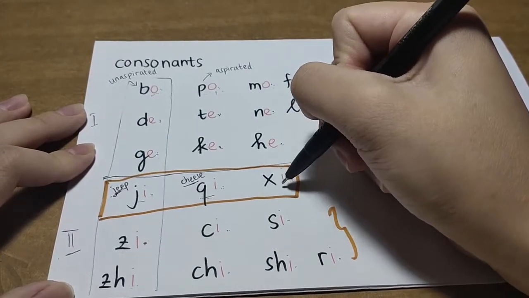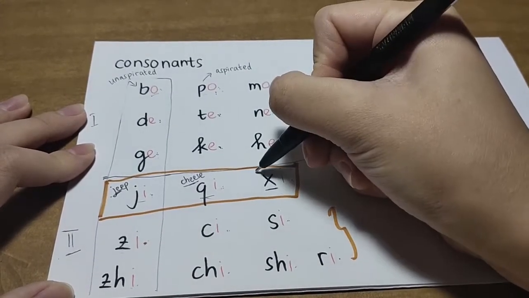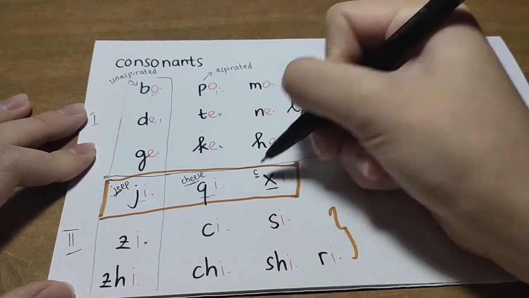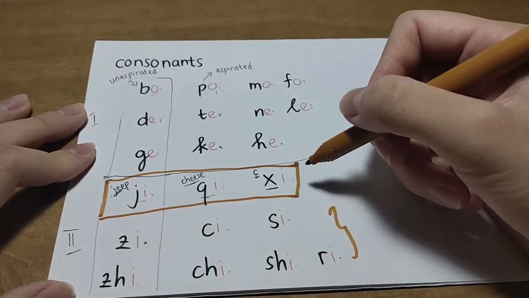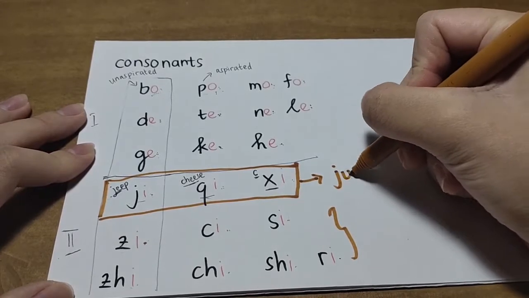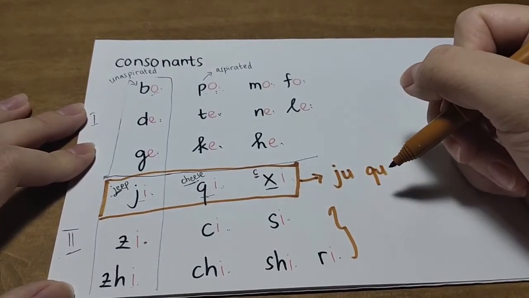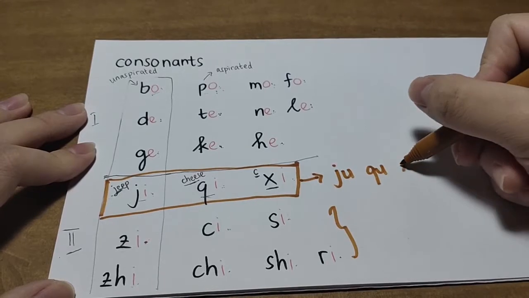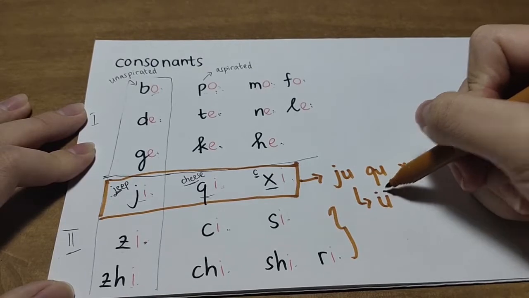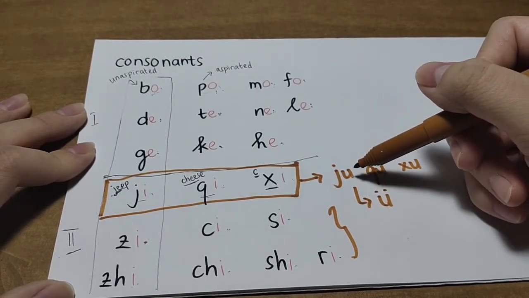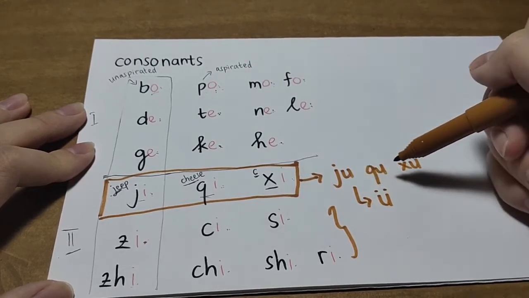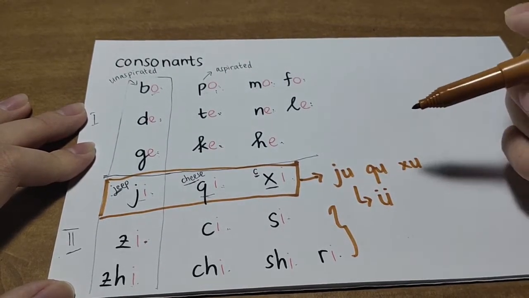The next one, xi, is pretty easy to pronounce. It's like when you pronounce the letter C. These three consonants are also special because when they're followed by U, the U sound is pronounced as Ü, so it sounds like ju, qu, xu, not chu, su.